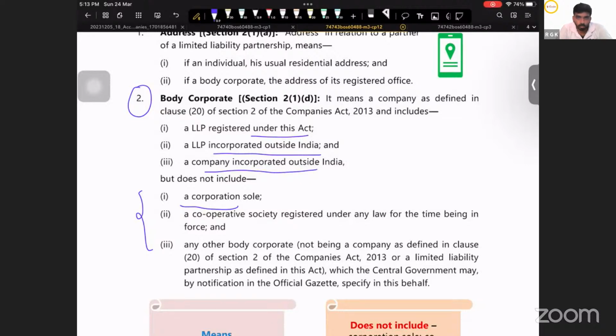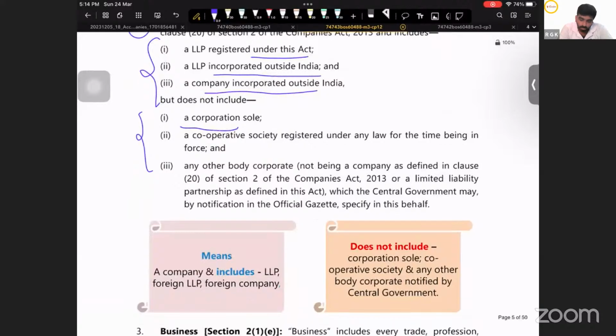That corporation sole cannot be a partner in limited liability partnership. Cooperative society cannot be a partner in LLP. Any other body corporate which central government may, by notification in the official gazette, specify, cannot become partner in limited liability partnership. Important, because body corporate can be a partner other than these three things. So these three things are not included in the definition of body corporate.